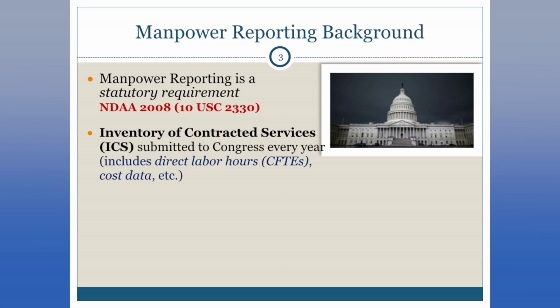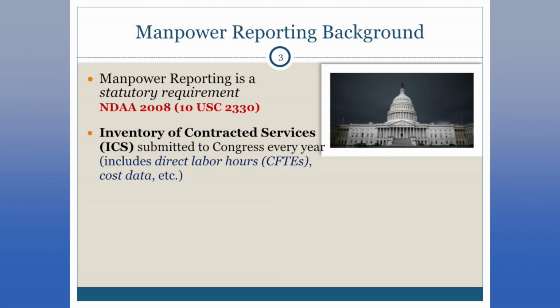Okay, so this inventory includes direct labor hours of all of our requirements and industries, in the unit of measure CFTE, which is contractor full-time equivalent. One CFTE equals about 2,088 hours, I believe.